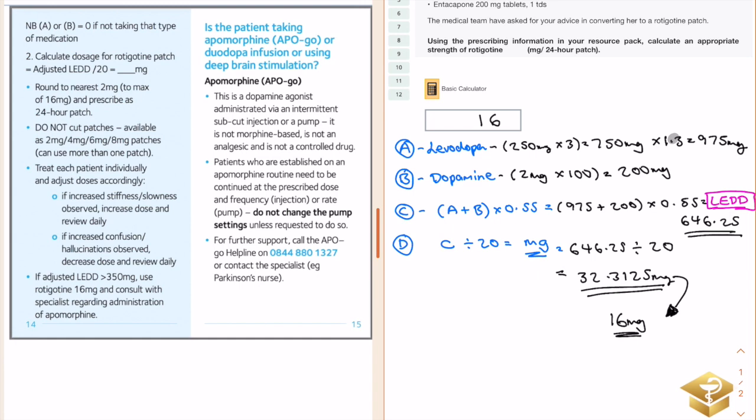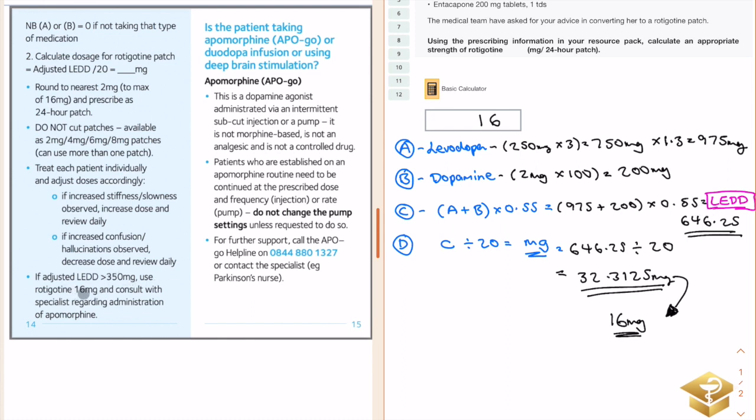It also mentions that when I talked about here in stage 3C that we calculated the levodopa daily dose, if it's greater than 350 milligrams, use the rotigotine 16 milligram patch. So as it was 646 milligrams, it's greater than the 350.